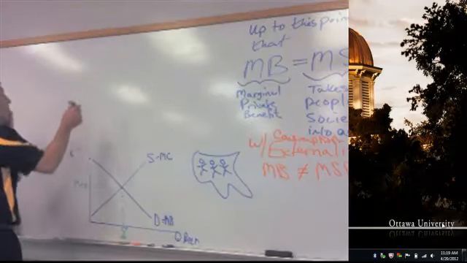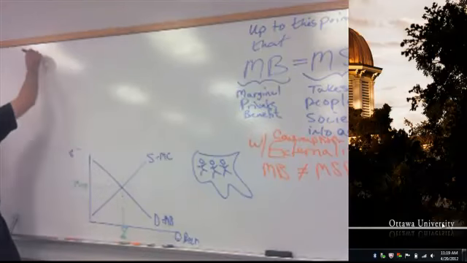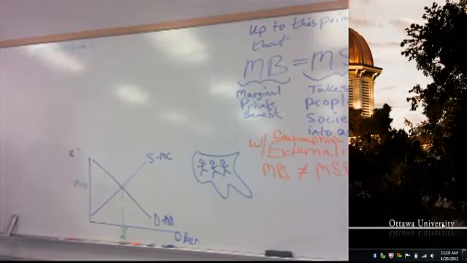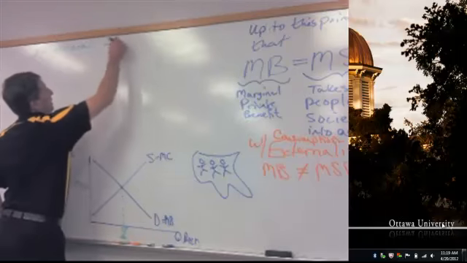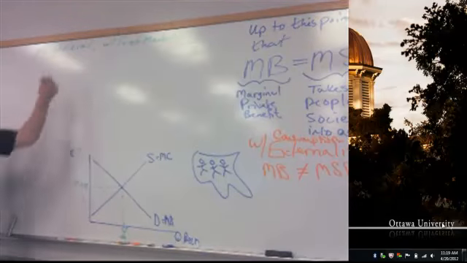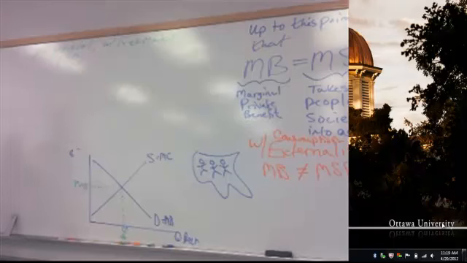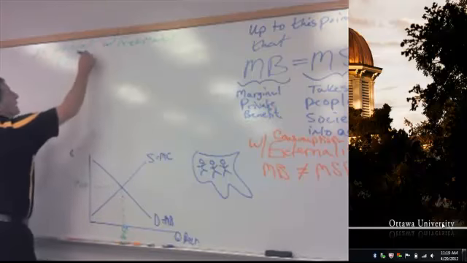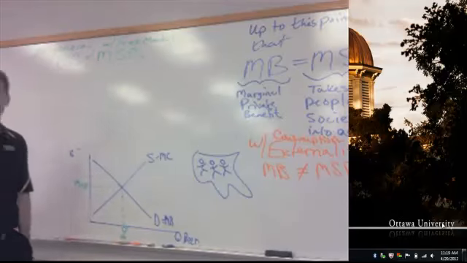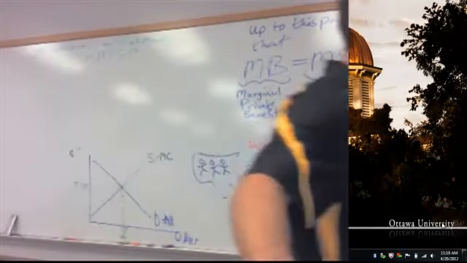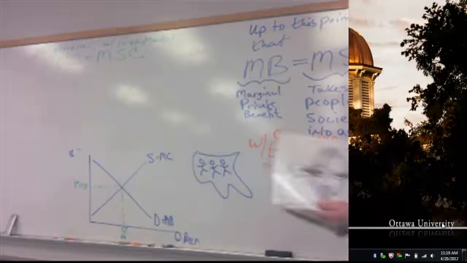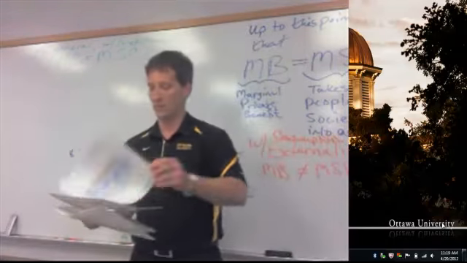So in general, again up to this point, with the free market, our baseline assumption is that the marginal cost to Budweiser equals the marginal social cost to society. So Budweiser is part of society.